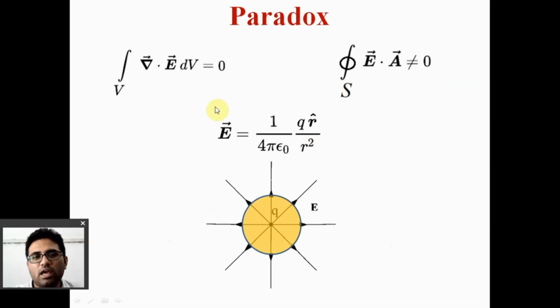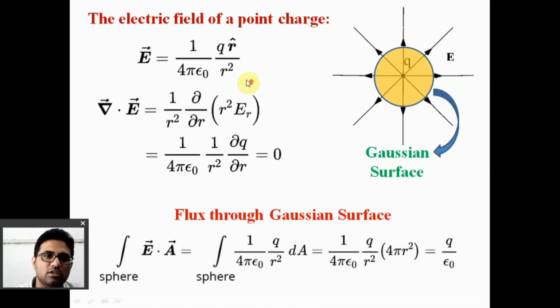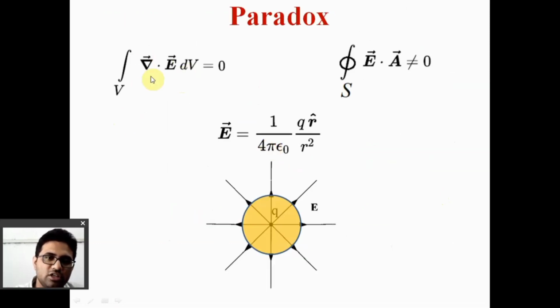However, if we calculate the total volume integration, that will be 0 because the divergence of the electric field is already 0. The integrand is already 0. But the closed surface integral is not 0. So we can say this is a paradox. Where is the problem?